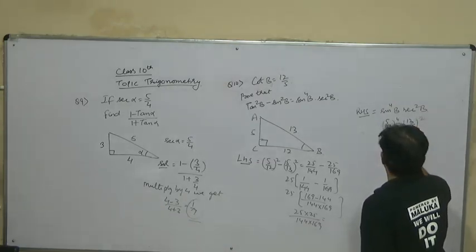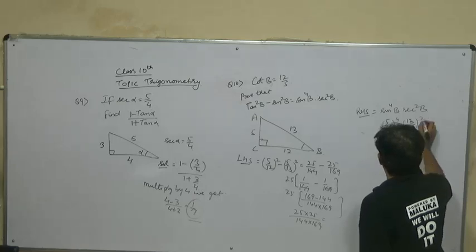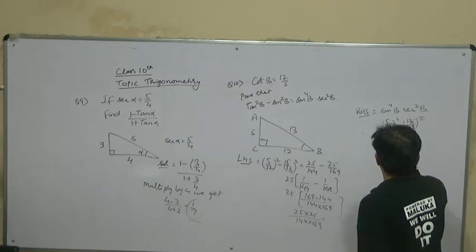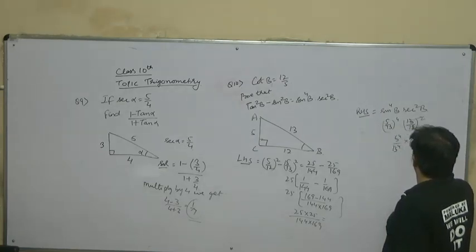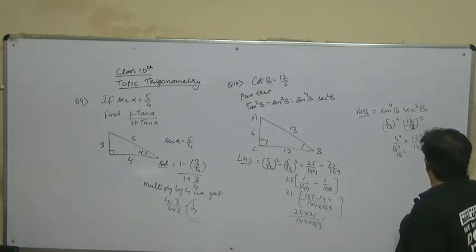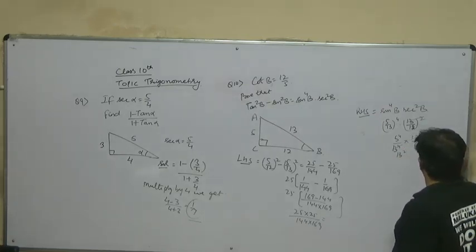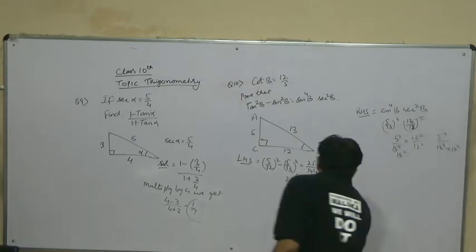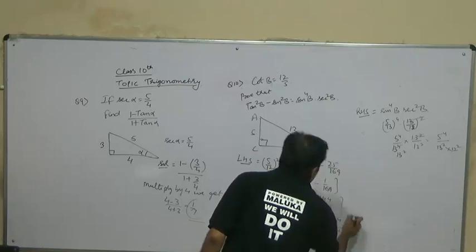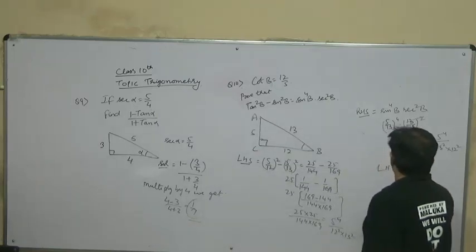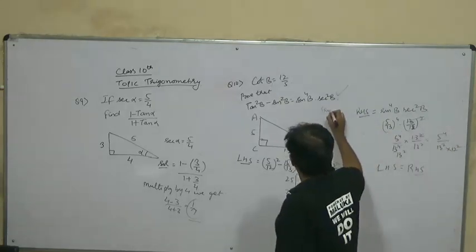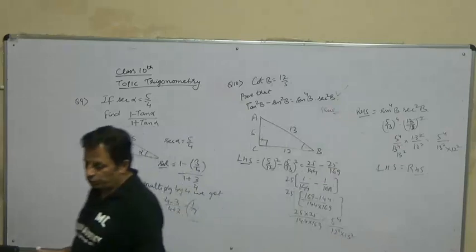So this turns out to be 5⁴ upon 13⁴ into 13² upon 12². So this is 5⁴ upon 13² into 12², which is the same as the left hand side. So both sides are same. Hence, the result is true. So this is what we wanted to show here.